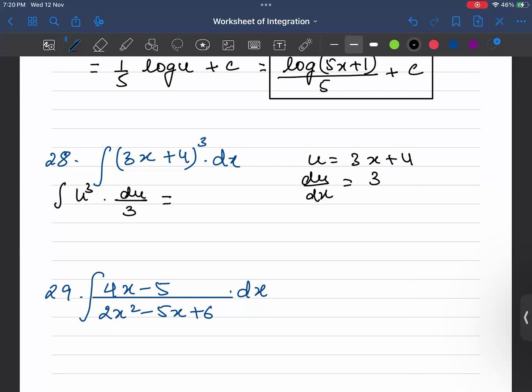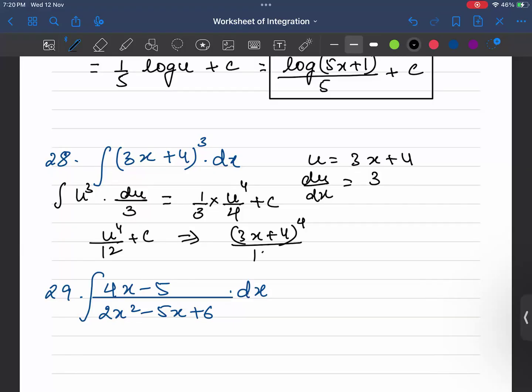I will substitute it. 1 upon 3 would remain the same. u would be power 4 upon 4, since u power 3 means 3 plus 1 upon 4, plus c. I think it's clear. Then the answer would be u power 4 upon 12 plus c, and substituting the value of u, 3x plus 4 whole power 4 upon 12 plus c is your answer.